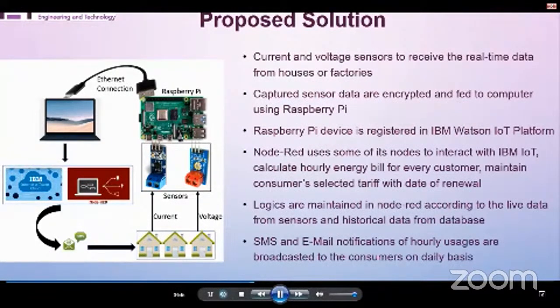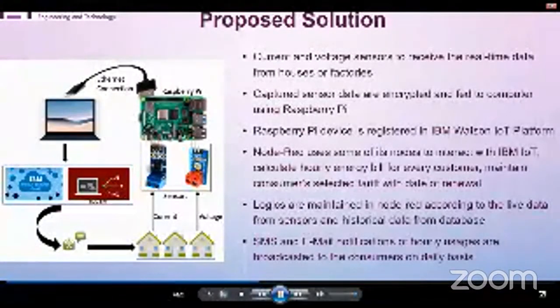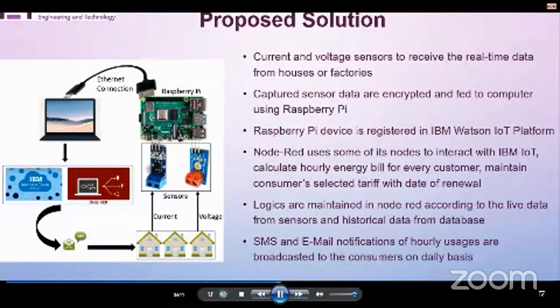Captured sensor data are encrypted and fed to the computer using a Raspberry Pi, which is registered in the IBM Watson IoT platform. The entire logic is maintained in Node-RED software, which calculates the hourly energy bill for every customer and maintains the consumer's selected tariff with date of renewal.